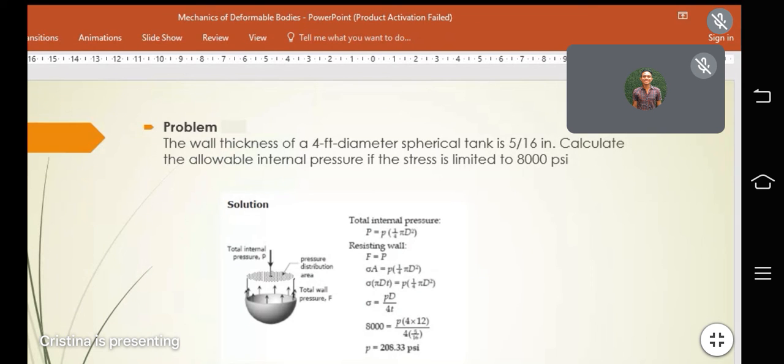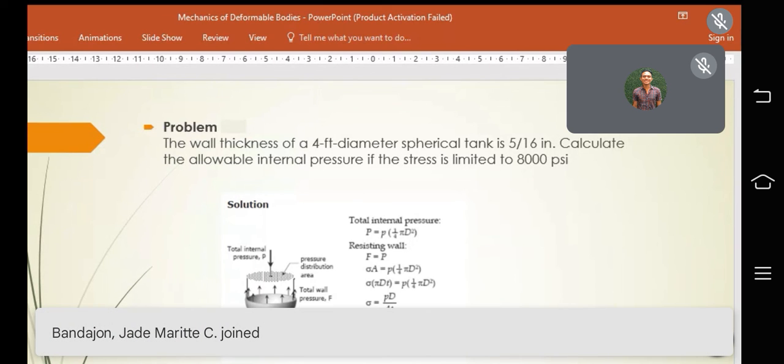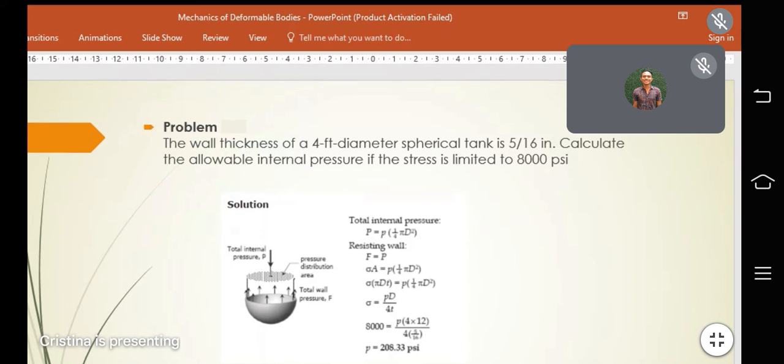We multiply by 12 to convert to inches because PSI is pounds per square inch. So 1 foot is equal to 12 inches. So we multiply it by 12 over 4t thickness. Automatically, for a spherical tank, this is the formula. Okay, so that's 208.33 PSI. So it is mostly direct substitution, but you need to analyze a little for the allowable or the maximum. It's tricky.